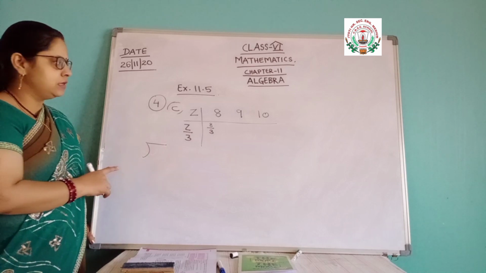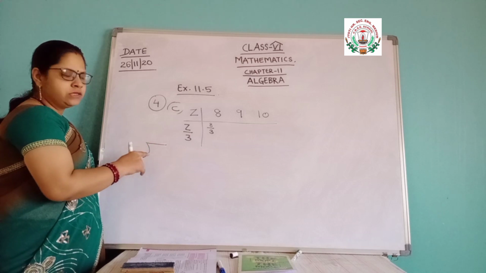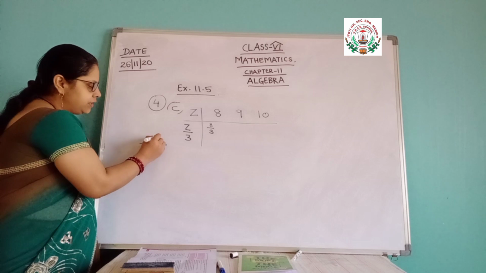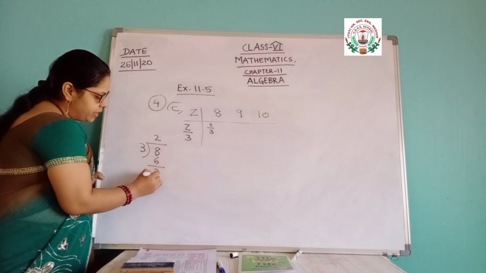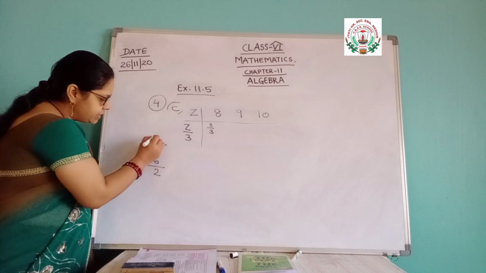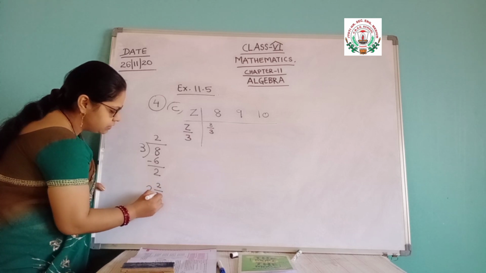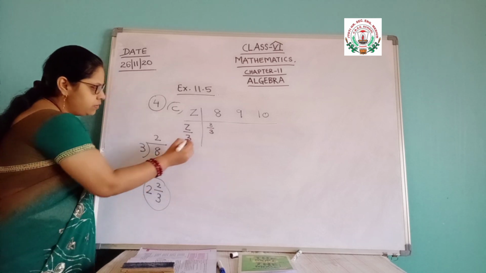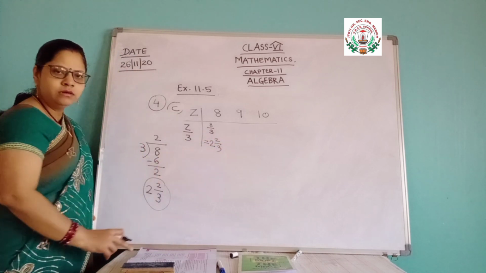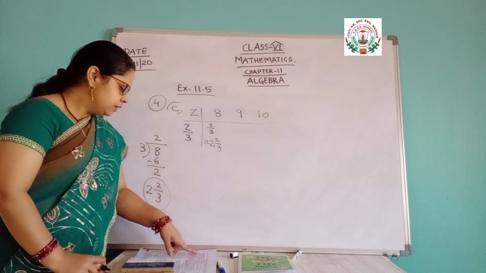Division we have already studied from class 3 onwards, and you also know how to write a mixed fraction. 8 divided by 3: 3 twos are 6, remainder 2. So how to write this as a mixed fraction? First the answer 2, then the remainder over 3, that is 2 by 3. This is the mixed fraction, so here it will come 2 2 by 3, as given in the z by 3 row in your textbook.